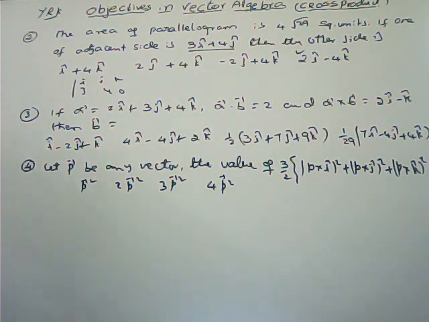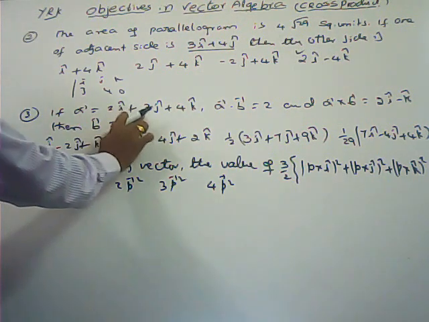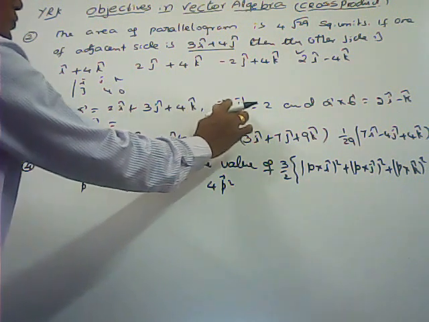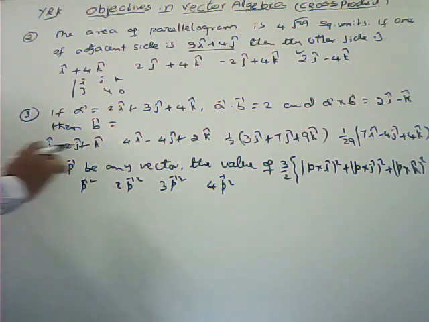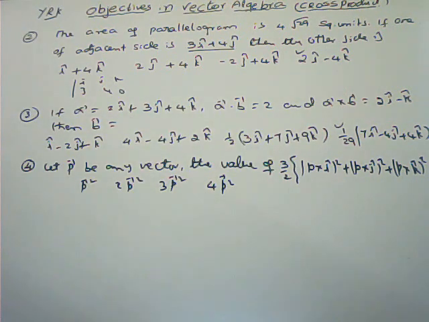Similarly in the next problem, one vector A bar is given, and the dot product of A bar with B bar and A bar plus B bar is also given. Then B bar is equal to... here also we can verify the options. Maybe here also we can get the fourth option. You can verify the options one by one.